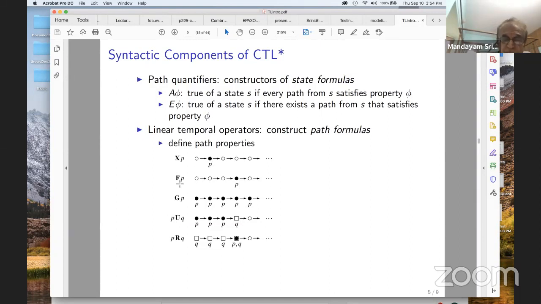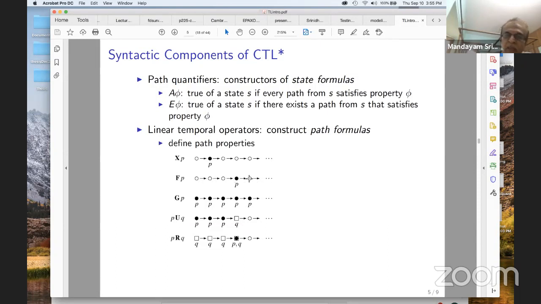F is the eventuality operator. So here I'm using it informally; we'll be defining it formally later on. So F of P is true of a path if P becomes eventually true at some point in the path.